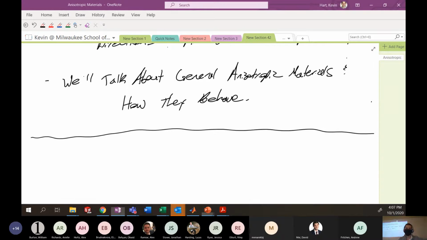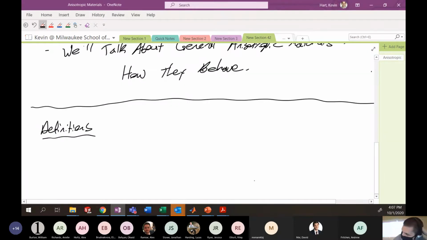Okay. So before we dive in, let's do some general definitions, which will be important for us as we move forward. All right. Isotropic material. This is a material with properties that are independent of orientation.